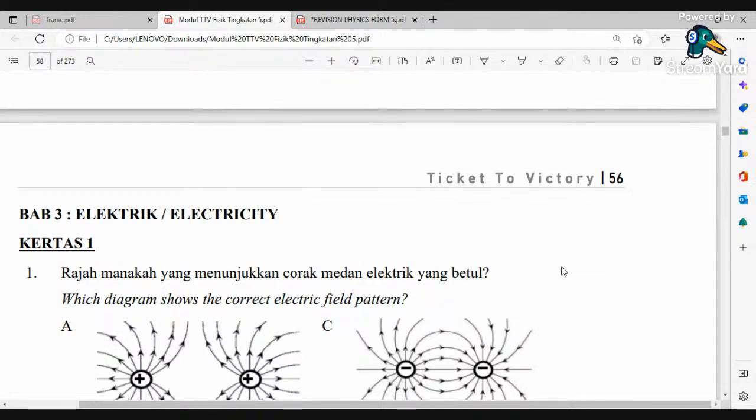So today we continue our lesson revision on chapter 3, electricity.